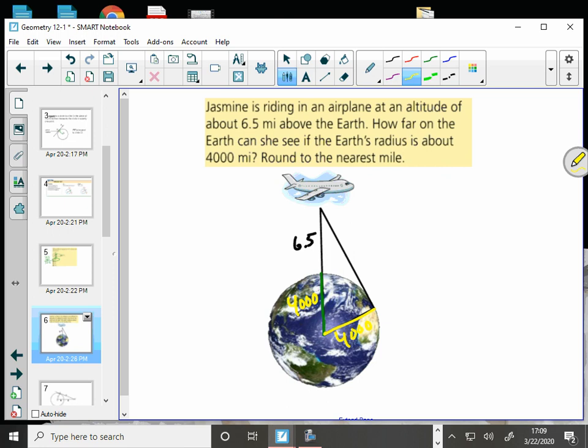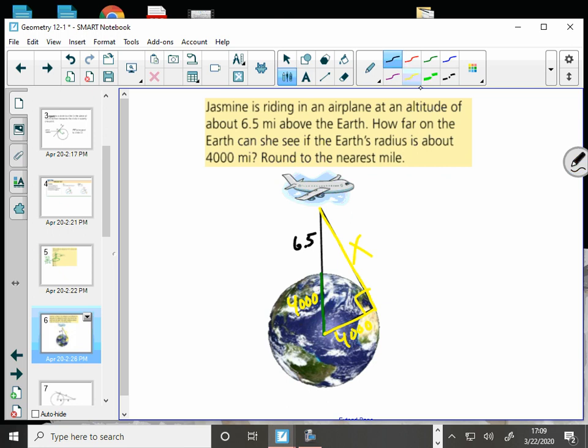Now we've drawn the line that is tangent. We want to see how far she can see. So she's looking this way to see how far that she can see. So that is a right angle. And since that is a right angle, we have a right triangle. And that's the value that we're looking for.